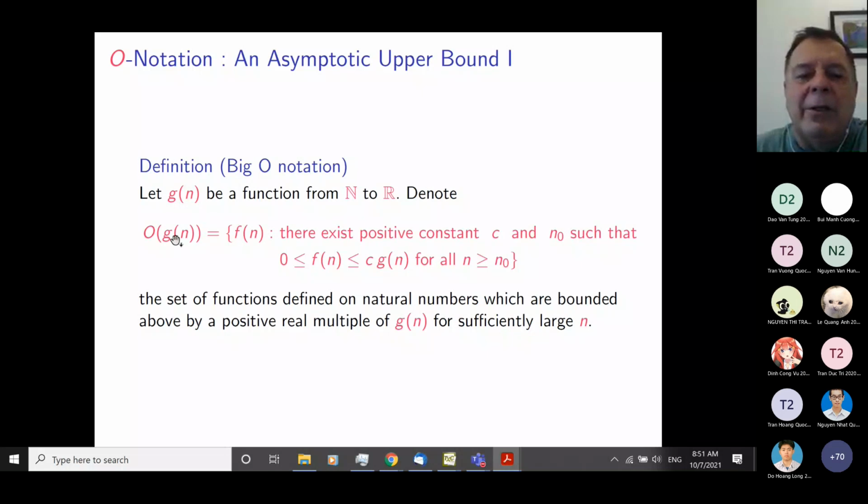So usually we try to find a g(n) that is as close as possible to f(n), so that we can bound the running time very accurately, which is useful to compare the running time of an algorithm with the running time of other algorithms.